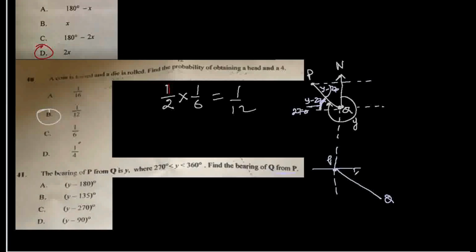Now we have to find the bearing. So let's start from here. It is 90 plus y minus 270. So 90 plus y minus 270 will be y minus 180 degrees. This is the one which is A in such case.